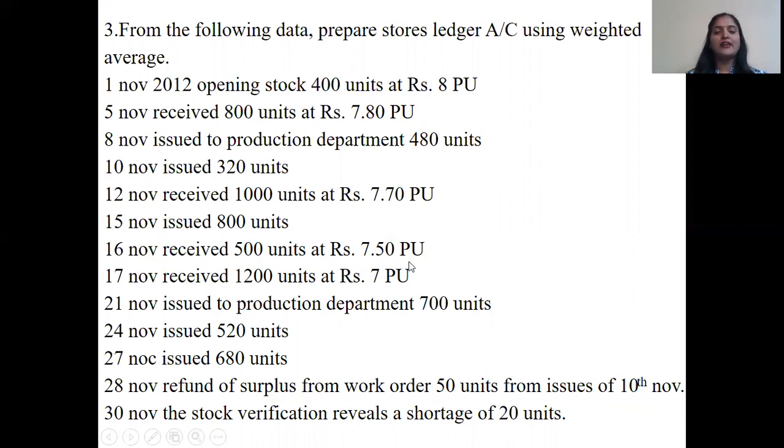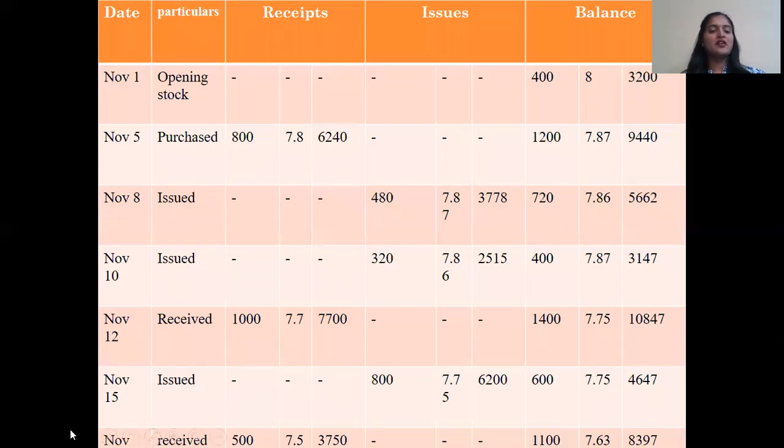Okay, now see here on November 16th, received how many units? 500 units. What is the cost per unit? 7.5. Amounted to 3,750.